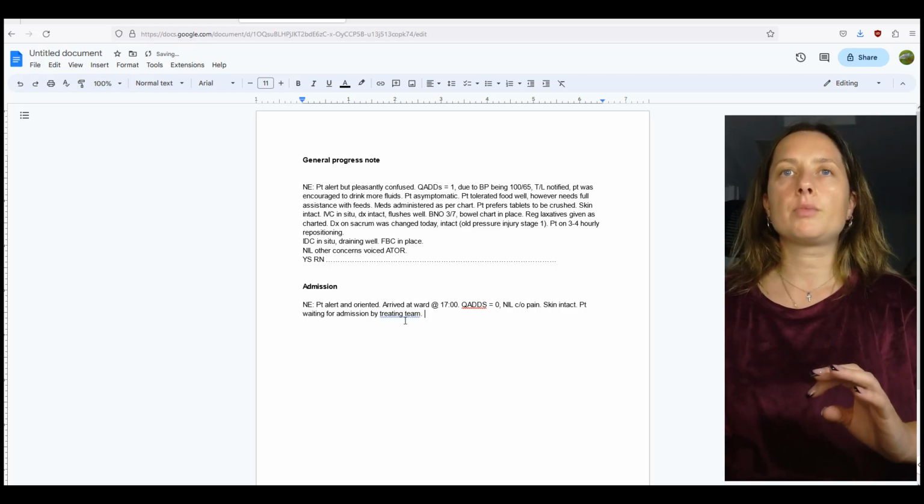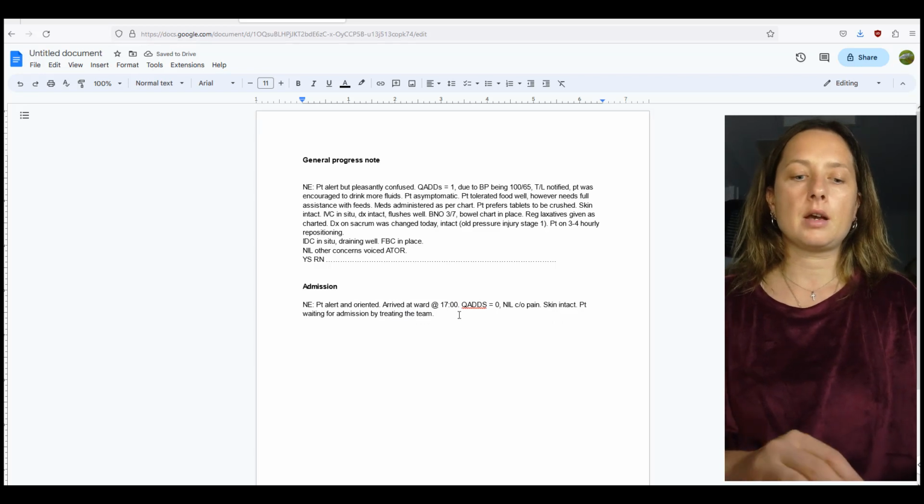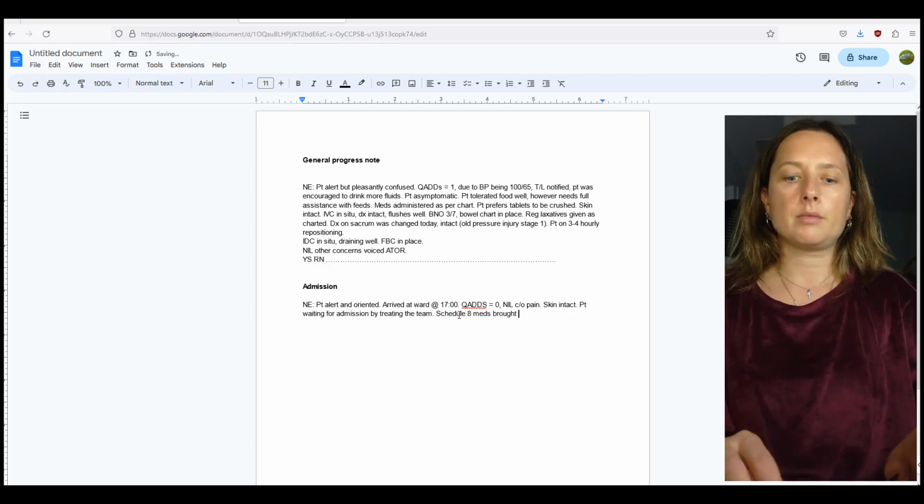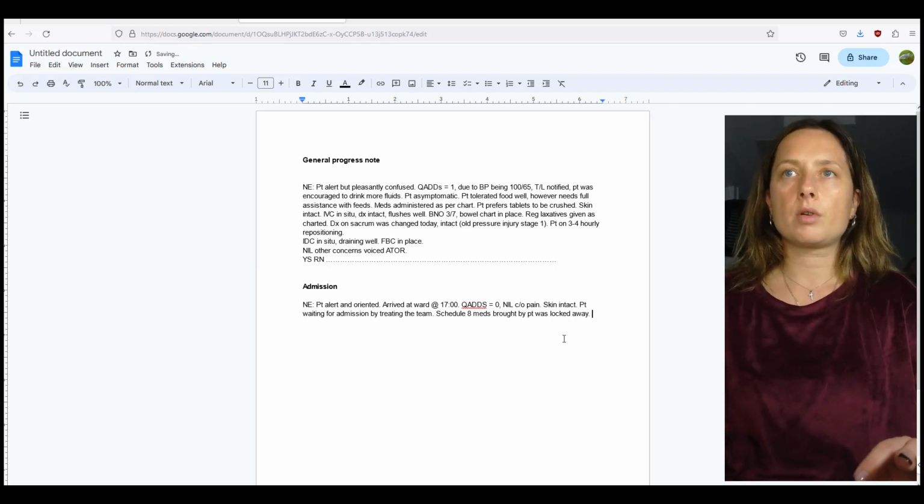Okay, let's say patient brought meds with them. I would say that Schedule 8 meds brought by patient were locked away.